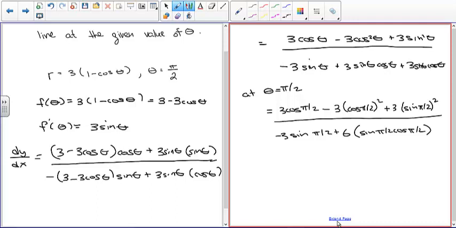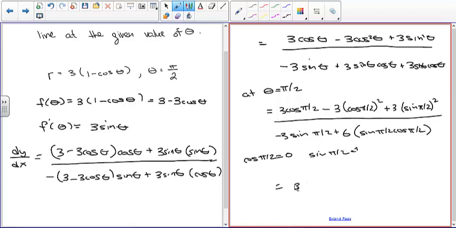The sine and cosine of pi over 2 are going to be either 0 or 1. Remember, cosine of pi over 2 equals 0. The sine of pi over 2 equals 1. So we can plug those in there.